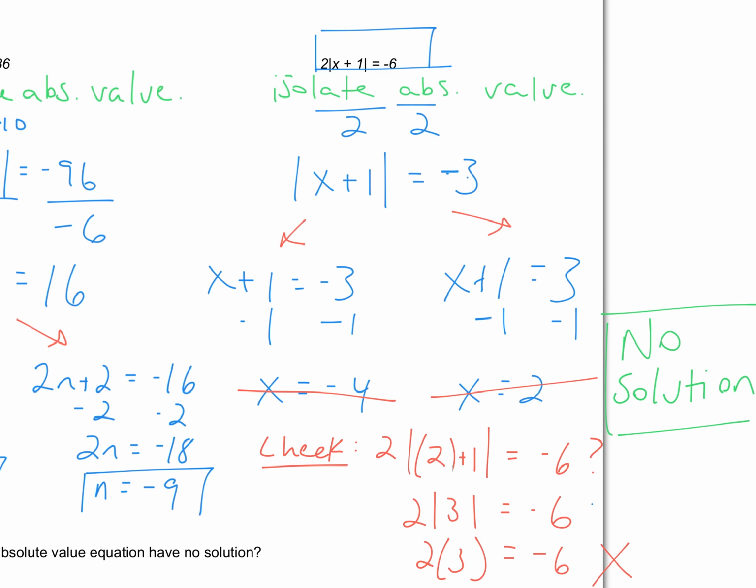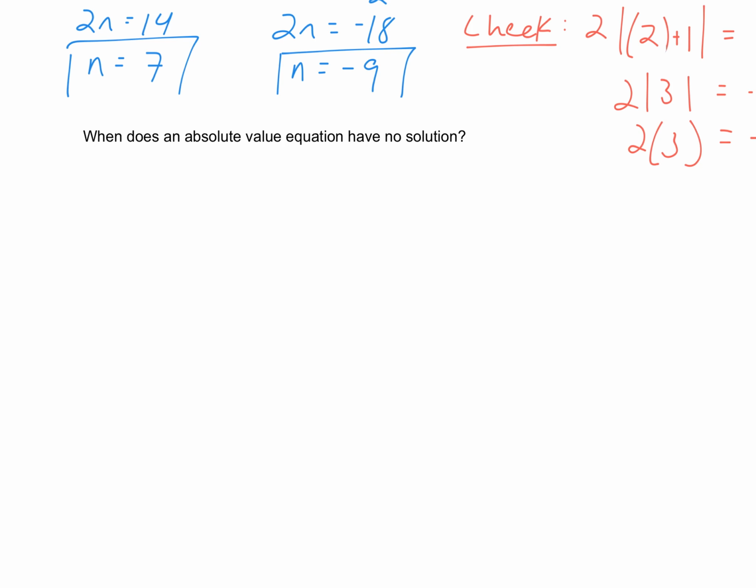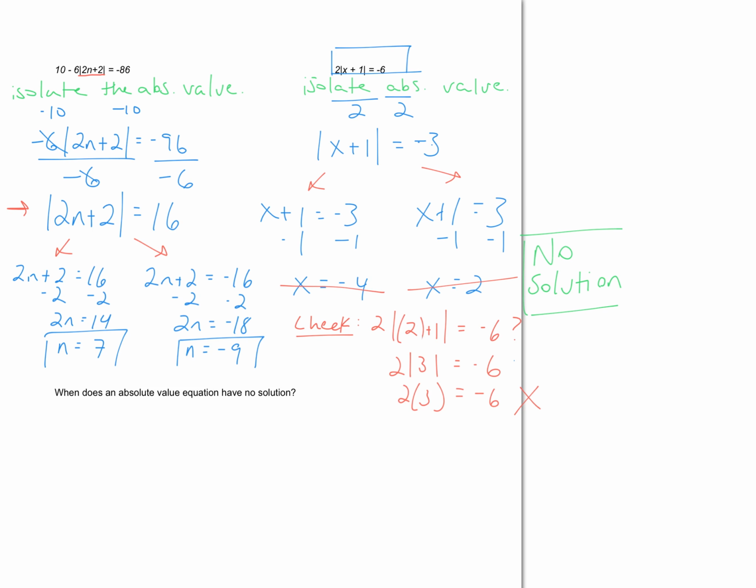Now it seems pretty tedious to have to go back and check every time because occasionally we'll get no solution. So my final question is, when does an absolute value equation have no solution? That might be easier for us to recognize, so we don't have to check every single one. Well, if you notice with that last one, and I'm going to bring you back up there, we had an absolute value equal to a negative number.